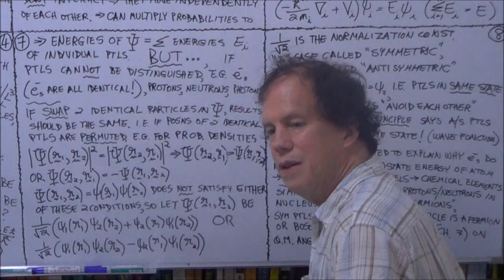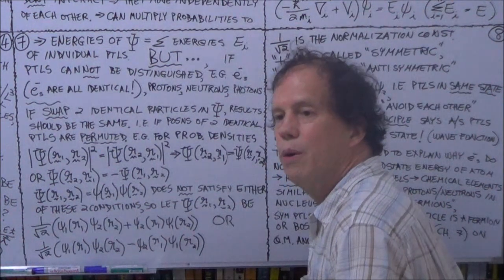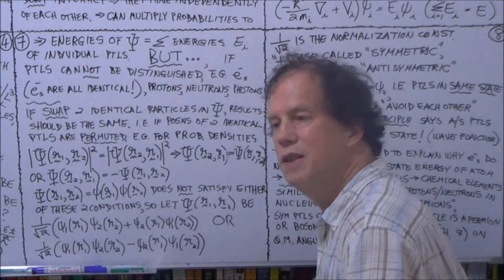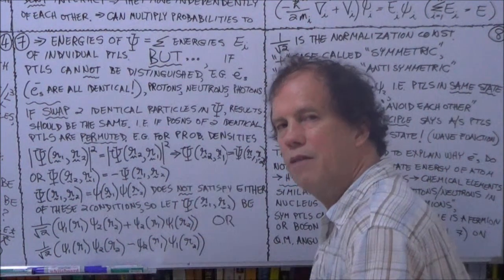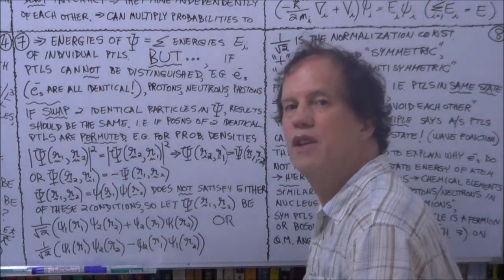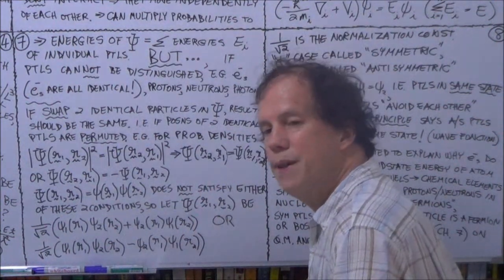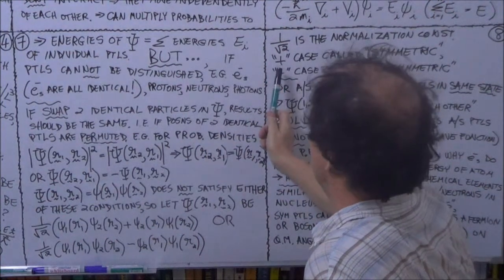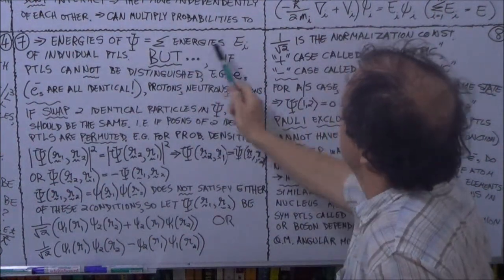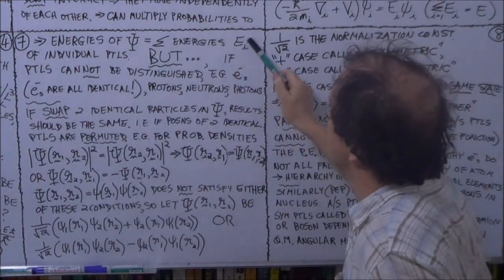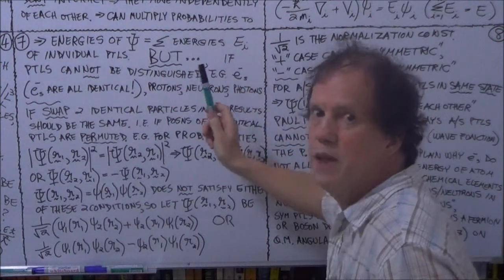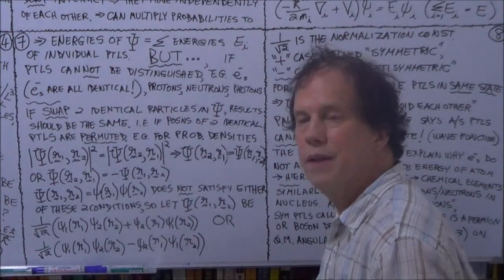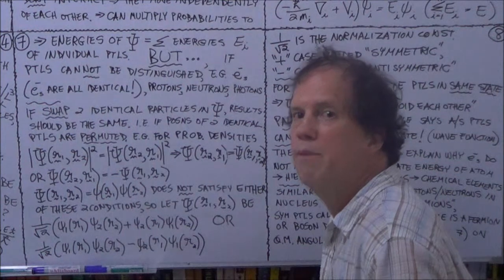In that case, the eigenvalues, the energies for each individual particle, having its own individual Schrödinger equation, its own individual psi function, those energy eigenvalues E_i, where i is the ith particle of n, you can sum those energies here, these eigenvalues for each particle, to give you a total energy, big E, which is the eigenvalue for the wave function, capital Psi, which is the wave function for the whole system, for all n particles. Right?